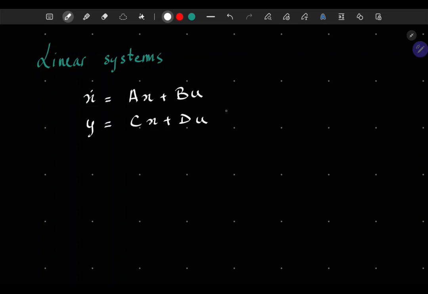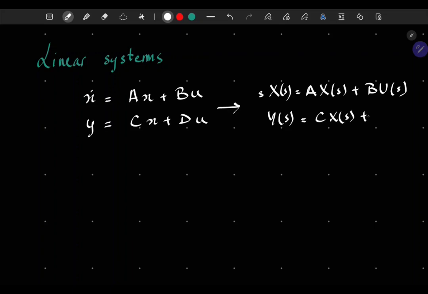And we can apply the Laplace transform, which means applying it to both the right and left hand side of the equations, and this gives us s times the Laplace transform of x equals A times x plus B times the Laplace transform of the input, and y of s is C times x plus D times u.